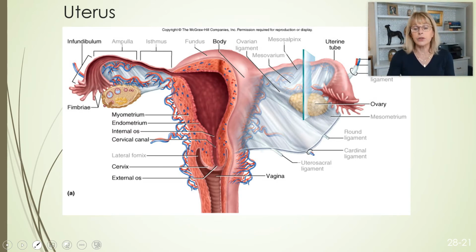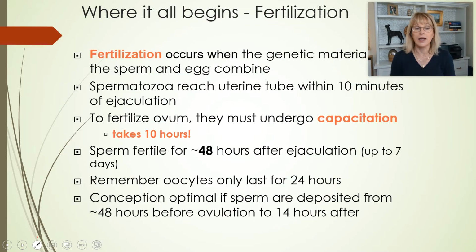And it's true that they can get there actually pretty fast. It only takes them about 10 minutes to get up to the infundibulum. Is there an egg there? Maybe there is, maybe there's not. Sperm can stay in a woman's reproductive tract, just milling about, ready to find an ovum, for about 48 hours.